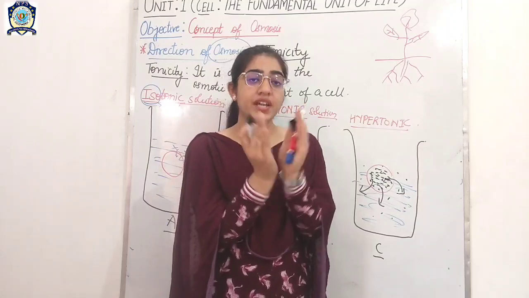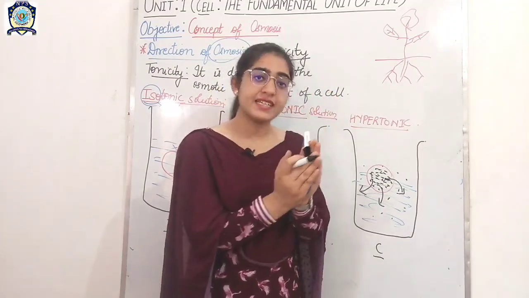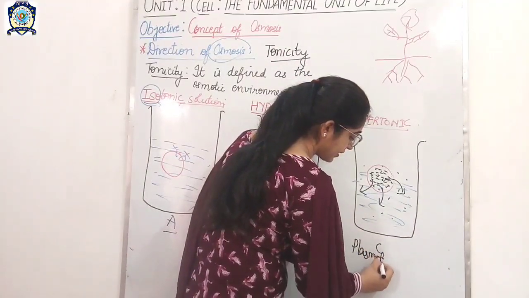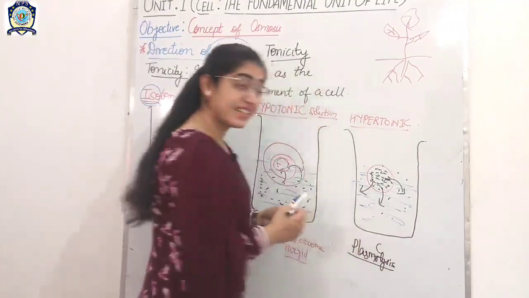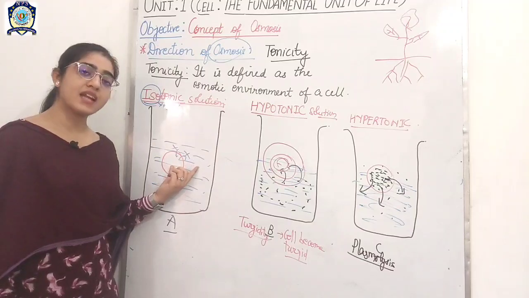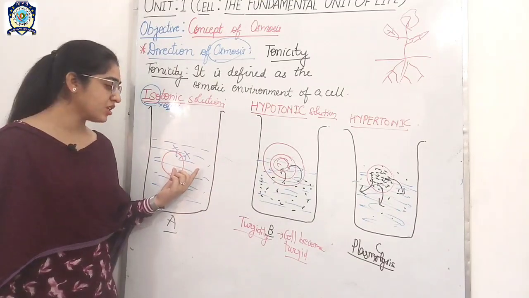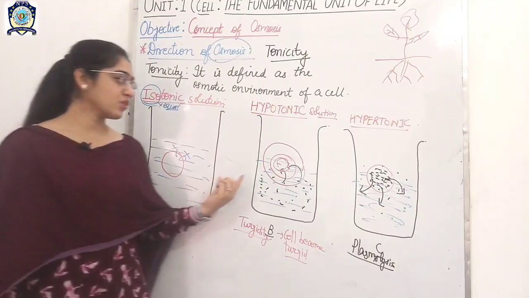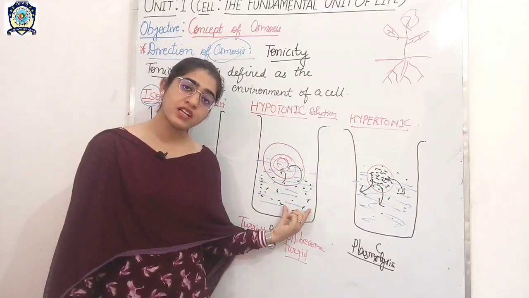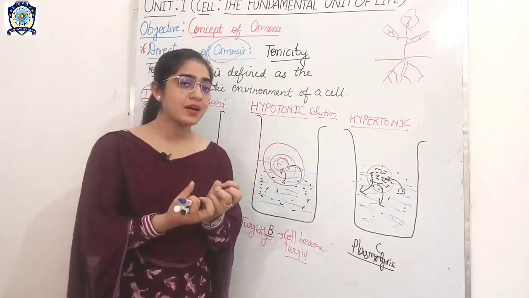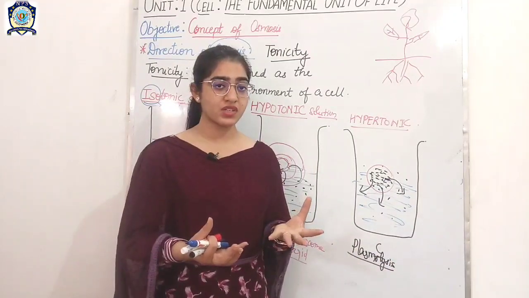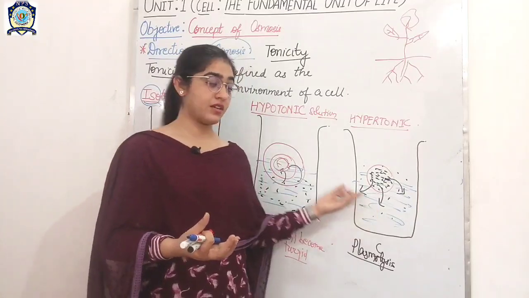The cell will become flaccid, and this process is known as plasmolysis. Is that clear? Again I am repeating: in case of isotonic solution, the cell and surrounding medium have the same concentration, so no change in the size of the cell, while in case of hypotonic solution, the solution has more water concentration, so the cell will swell up, while in case of hypertonic solution, the cell has more water concentration as compared to the solution.